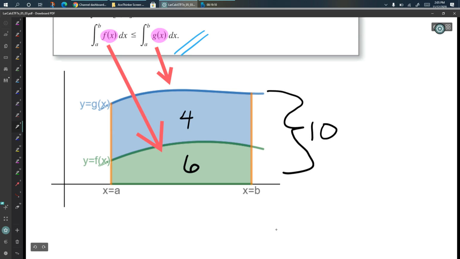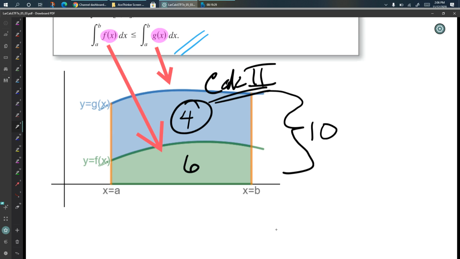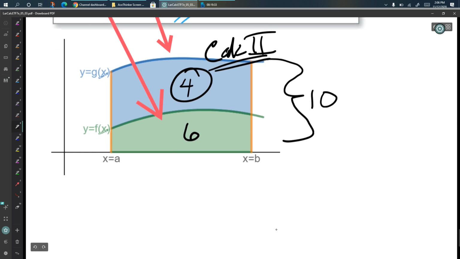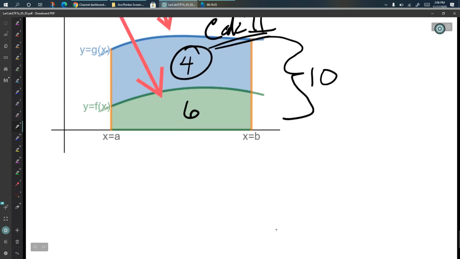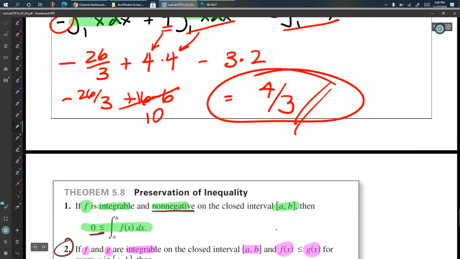Well, it'd have to be 4, so that 6 plus 4 could add up to 10. So that's hidden in that definition. It's not really stated. You'll see a bunch more of that in Calc 2. Okay? But it's hidden in there, so keep that in mind. Top minus bottom equals difference. Right. All right, this brings us to the end of section 5.3.